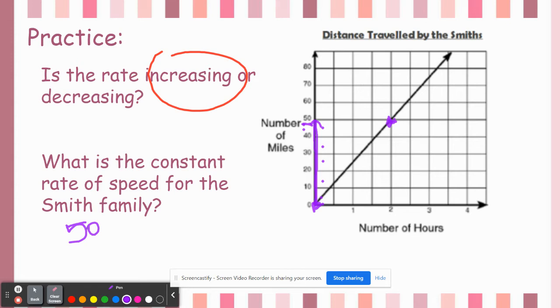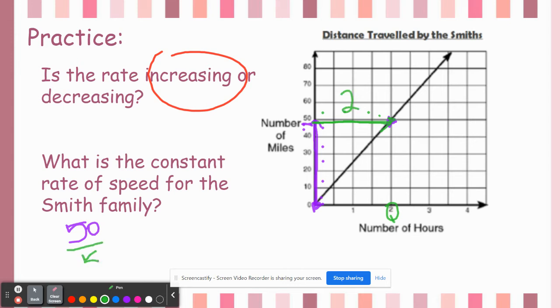Okay, and then I'm going to run. So from here, I'm going to keep going until I get to this point because that's my goal. So how many is that? So we went from 0 and then we stopped at what number? What number is that? 2. So even though I went 4 boxes, that's not 4. That's actually only to the number 2. So we went to the right 2.